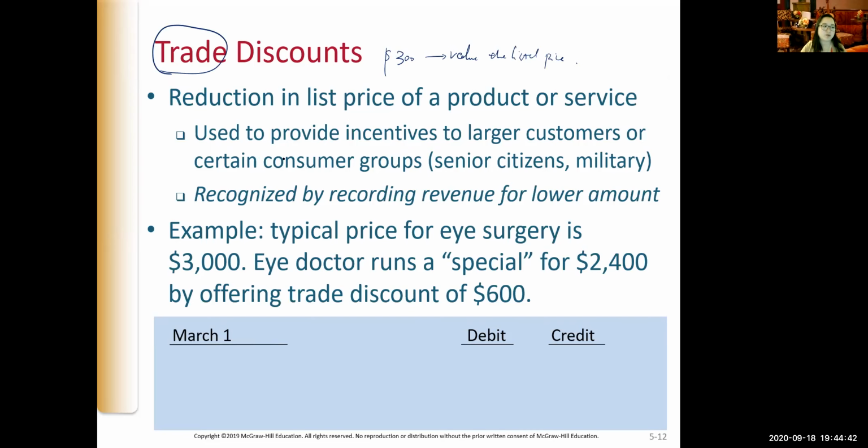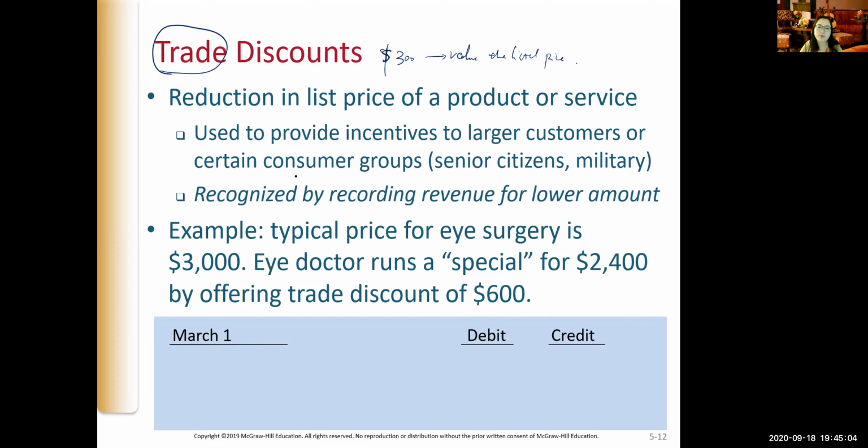The trade discount can also be a way of changing price. In other words, trade discount already changes the price of the product, okay? And without publishing a new price list or disguising the real price from the competitors.